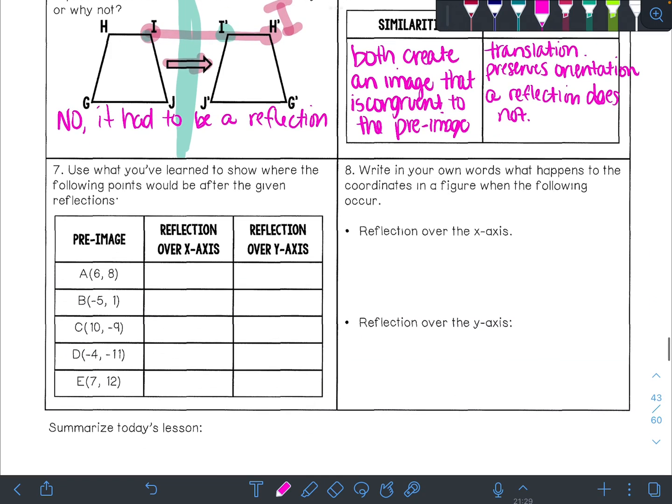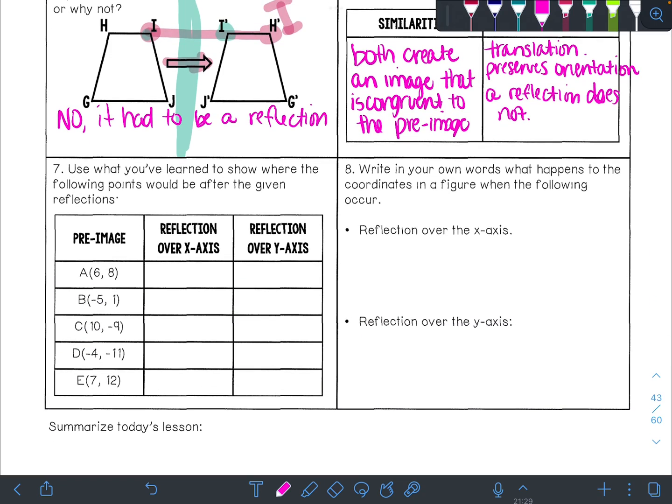So what you're going to do on here is you are basically going to take your pre-image and use what we talked about with the rule for the x-axis, and you're going to do that. Then you're going to take your pre-image again and reflect over your y-axis. So for example, my pre-image is (6, 8).